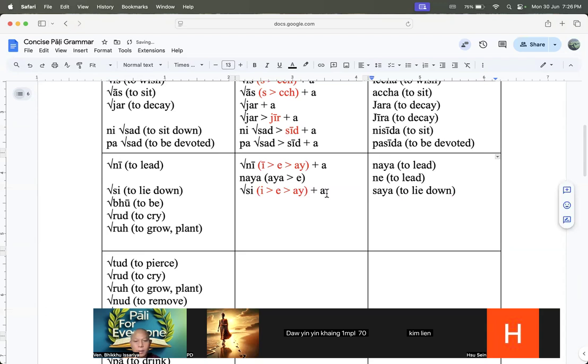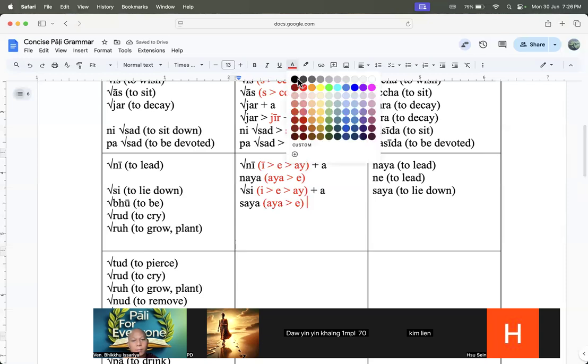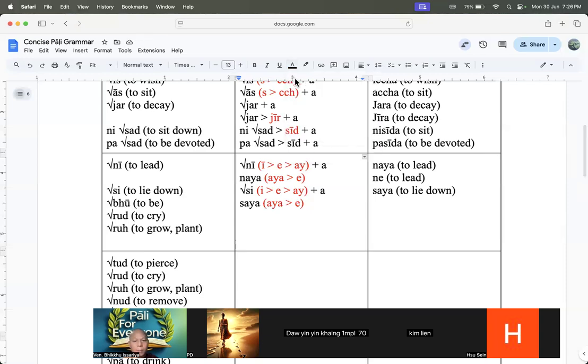Another similar to that, saya. So here aya is reduced to e, or contracted to e. So that is why here si also means to lie down.